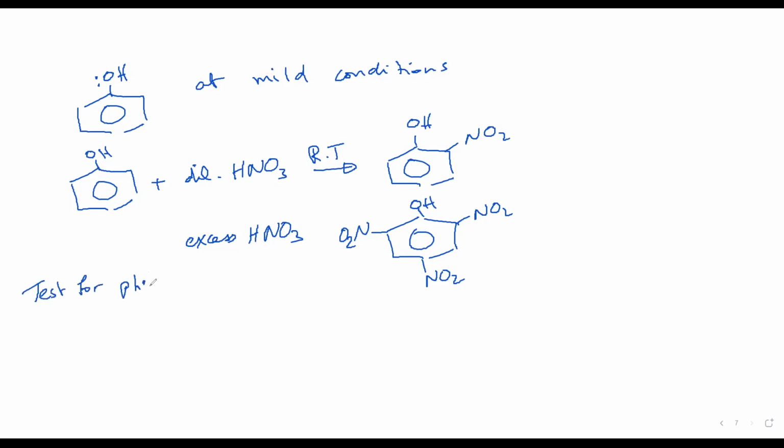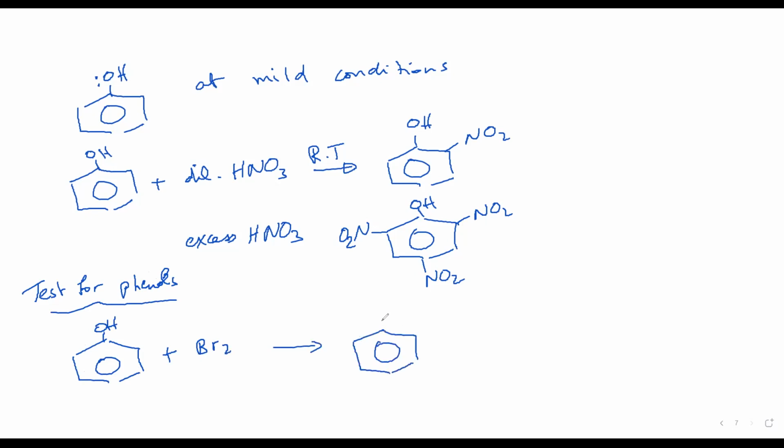for the test of phenols, that when we react the phenol with bromine, we get the 2,4,6 tribromophenol, which is a white precipitate, and this is an indication that our compound is phenol at the beginning.